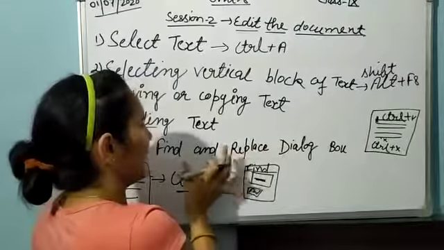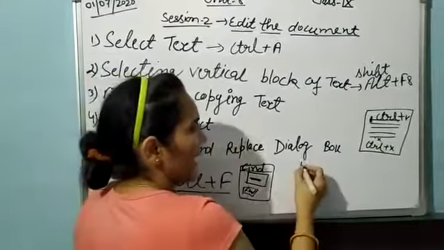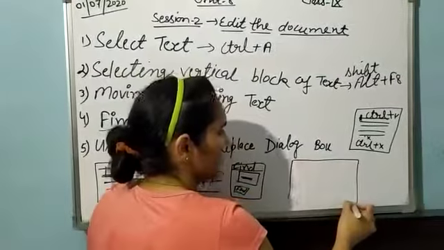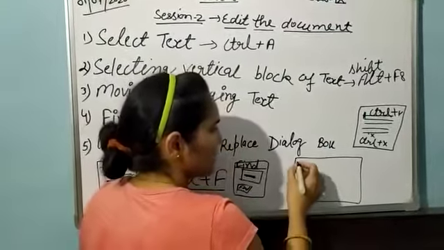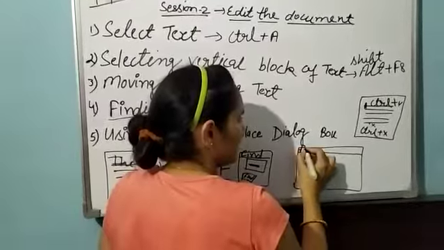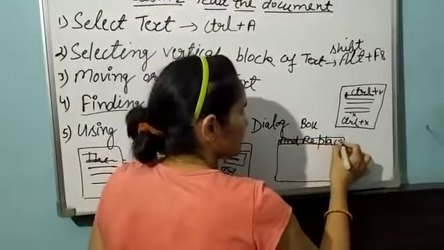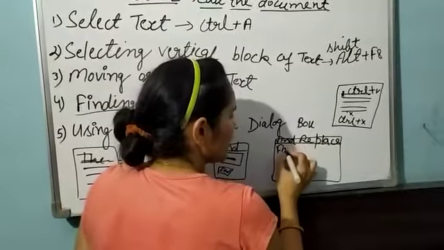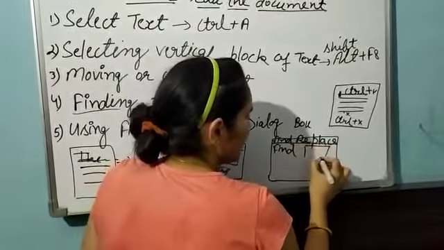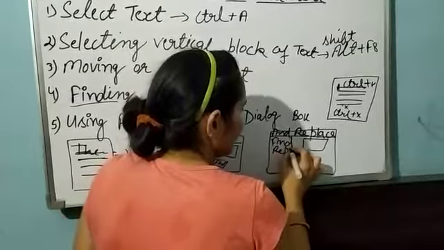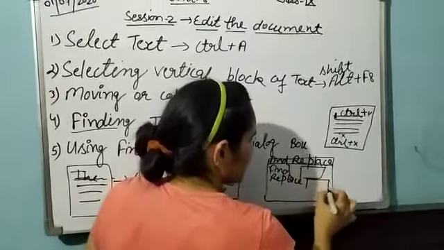We click on the Find and Replace, and when we click on the Find and Replace, the dialog box will appear. In that dialog box there are two boxes, one for find and second for replace.